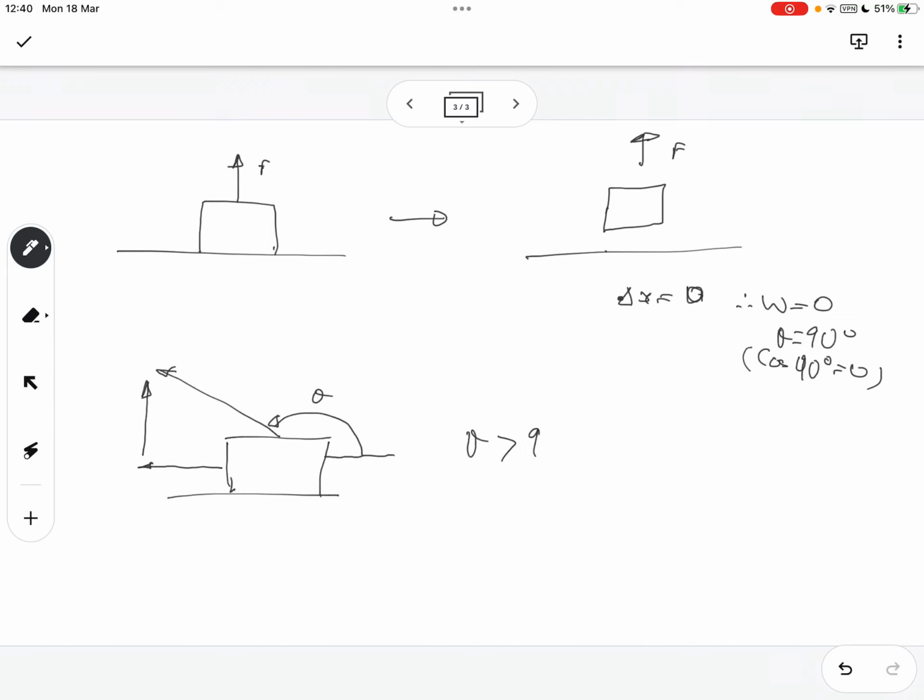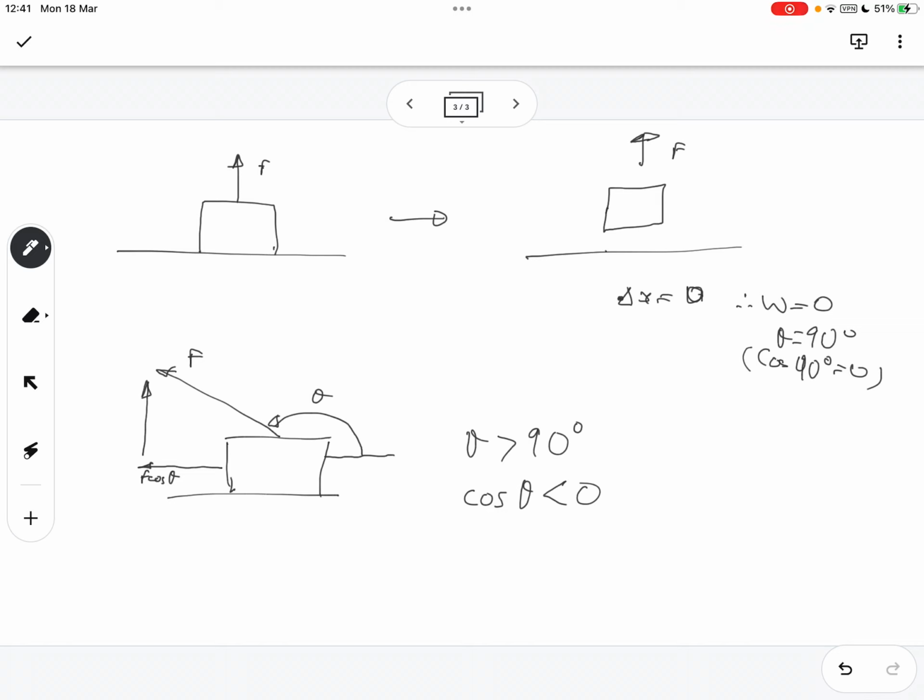If theta is greater than 90, then cos theta will be negative, and that simply means our force acts in the negative direction.